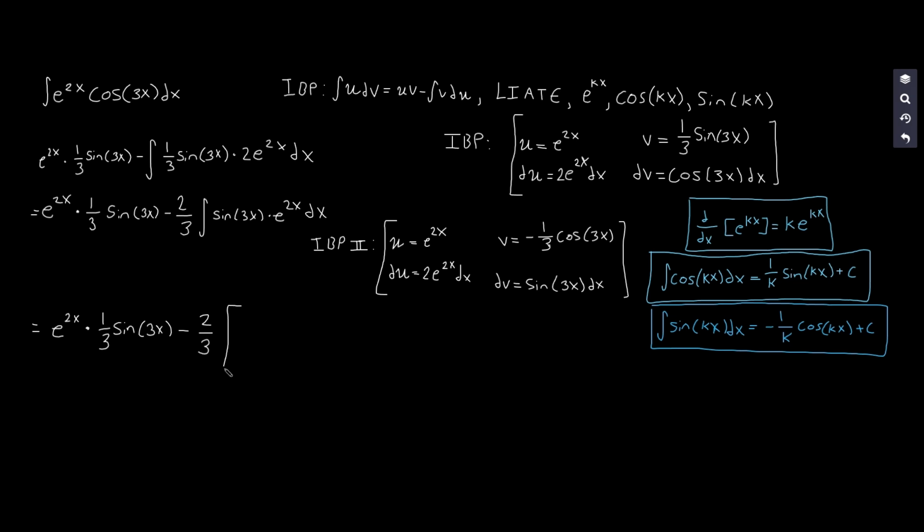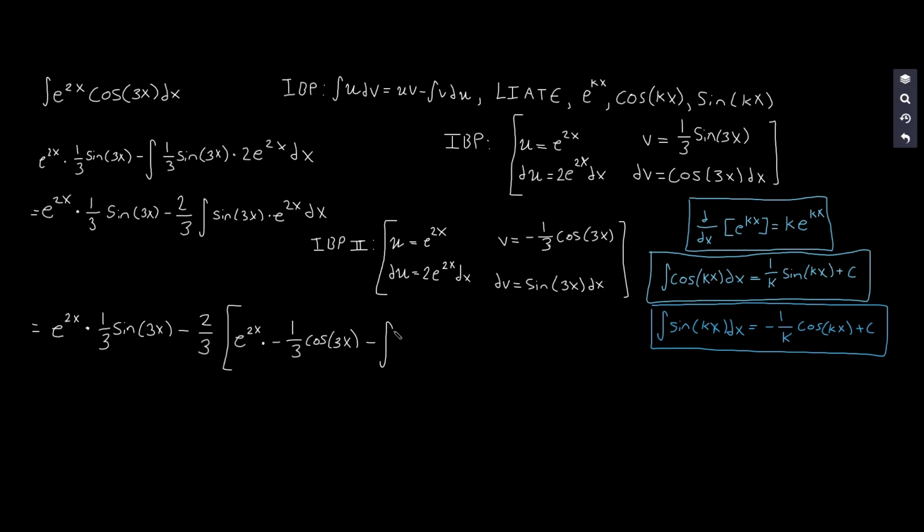And then this is where I introduce some brackets because we're going to do the integration by parts, part 2. We're going to do the setup all over again. We're going to do u times v. That is e raised to the power of 2x times negative 1/3 cosine of 3x.